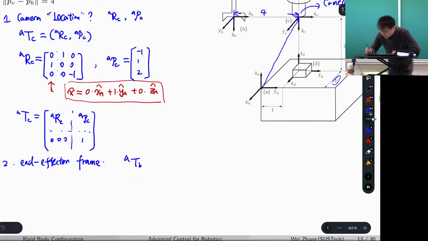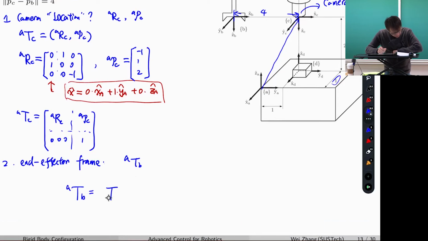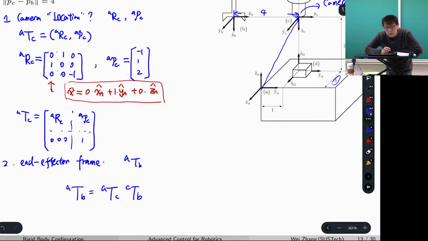Now I'm going to tell you a fact that you can derive at home. TBA would equal TCA times TBC. By notation it looks intuitive, but I encourage you to prove it or think through why it's the case using what you have learned so far.